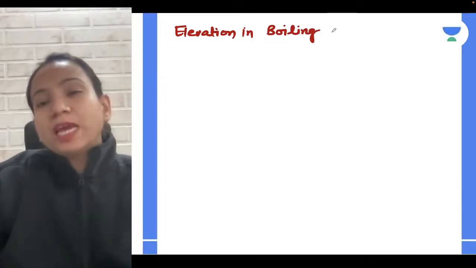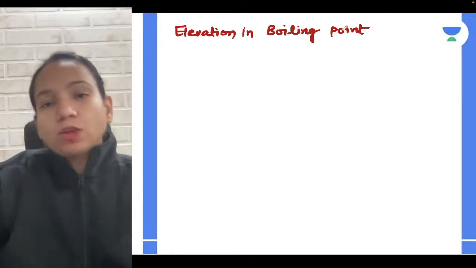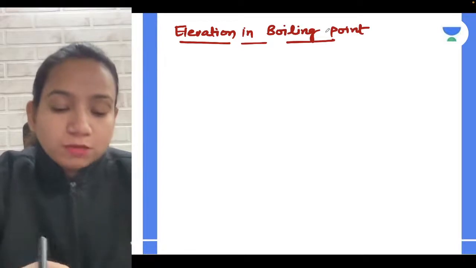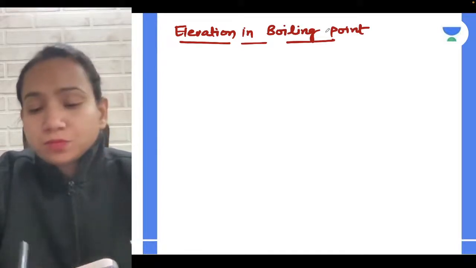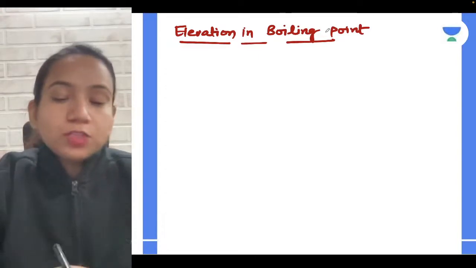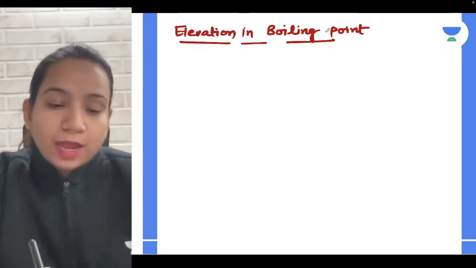Elevation in boiling point is one of the colligative properties. There are four colligative properties in total, and out of these four we are going to discuss two today.